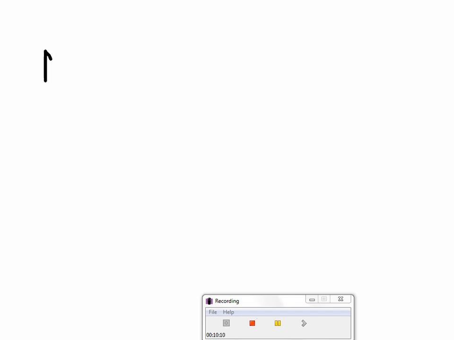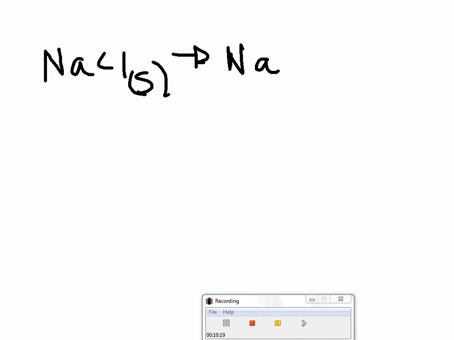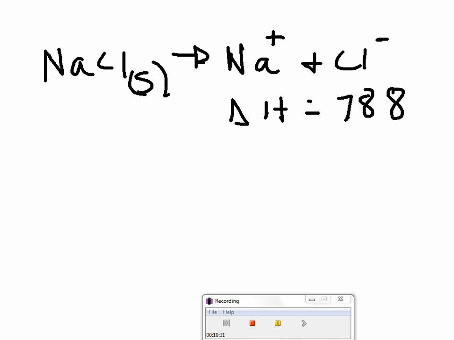It's calculated by taking the ionic solid, and we'll take sodium chloride for example, and the energy that it takes to break it, by definition, into its gaseous ions. Now this value has an enthalpy, delta H, of 788 kilojoules per mole.